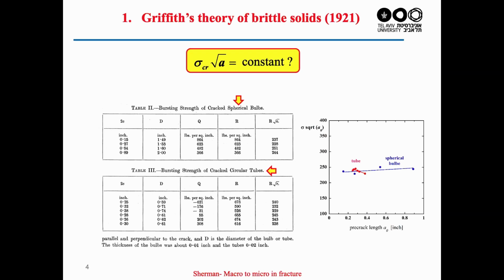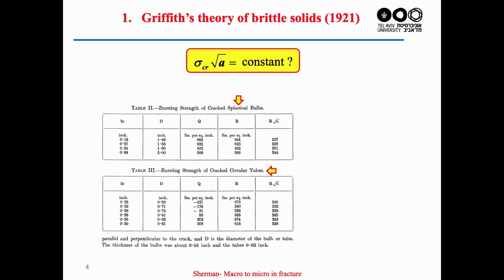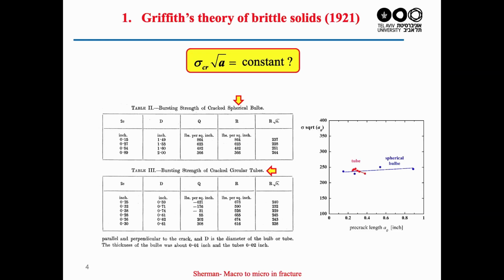It doesn't seem constant to me, and I will talk about it also. But that's the way it is. Here, this is a very small portion, or very small variability, of the crack length, so we'll see that.